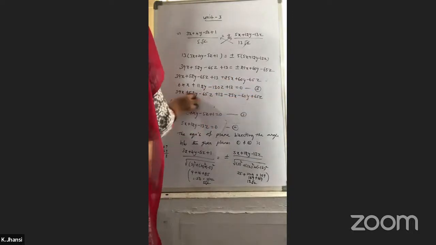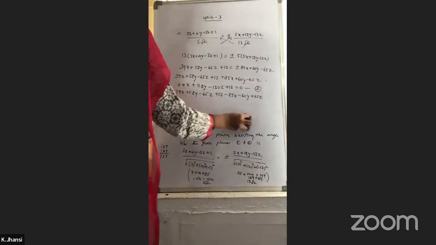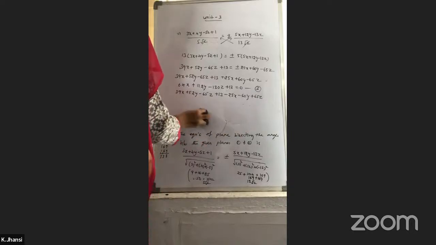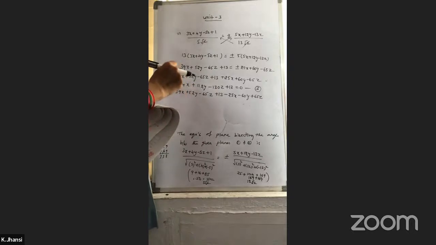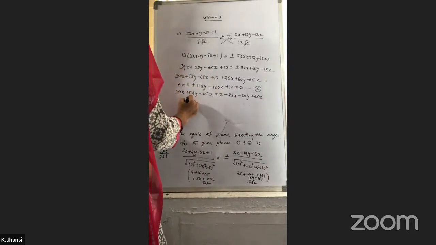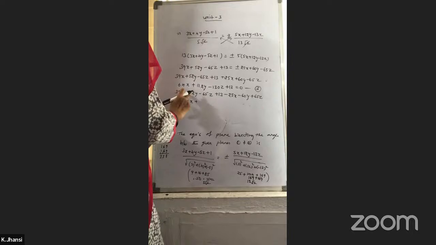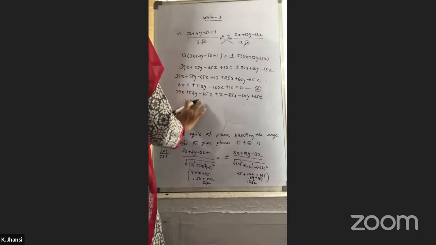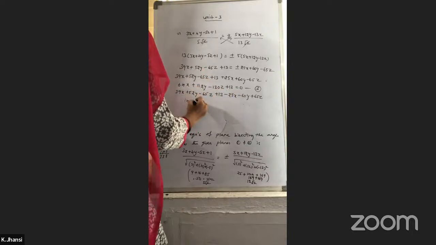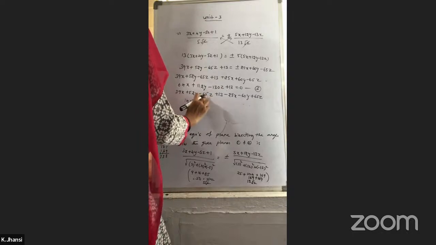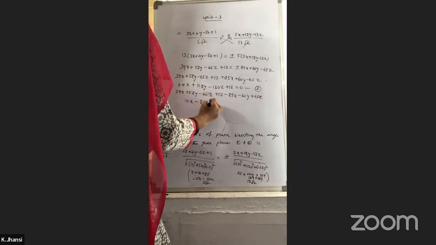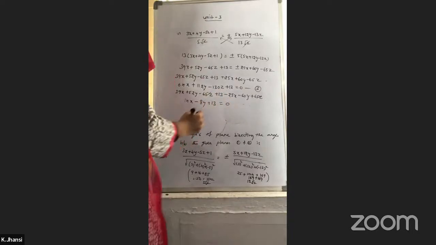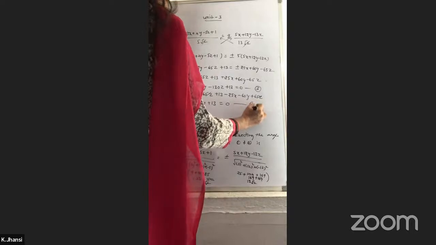Then when you do the subtraction, 39x minus 25x means you'll get 14x, plus 52y minus 60y, so you'll get minus 8y, and minus 65z plus 65z both will get cancelled. Next one is constant plus 13 equals 0. This is equation 4.